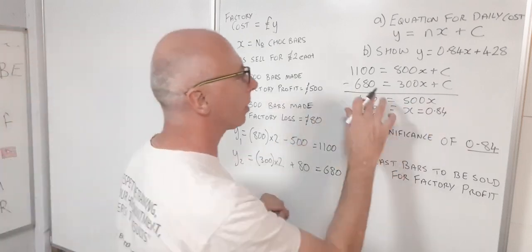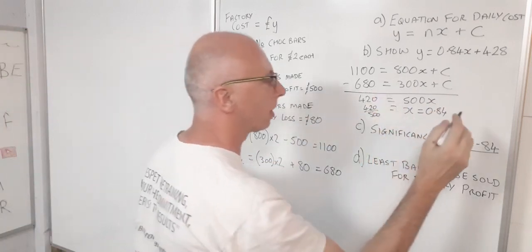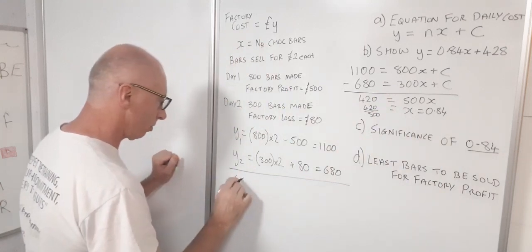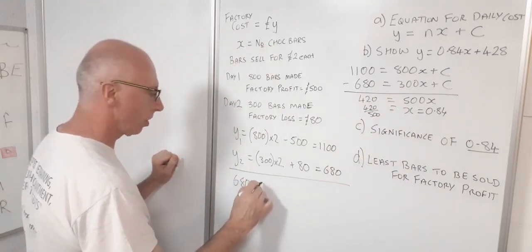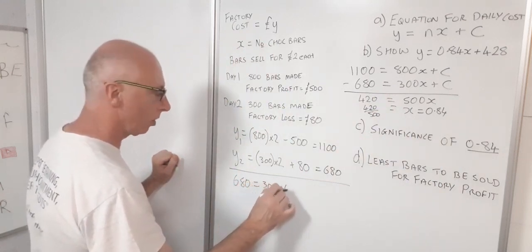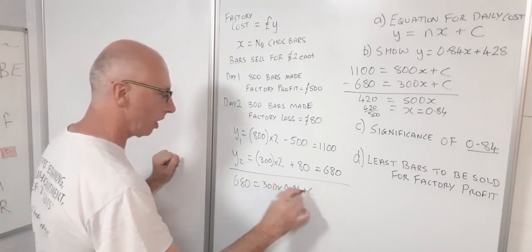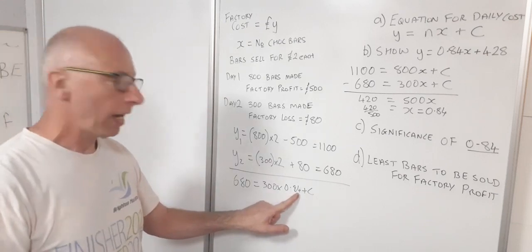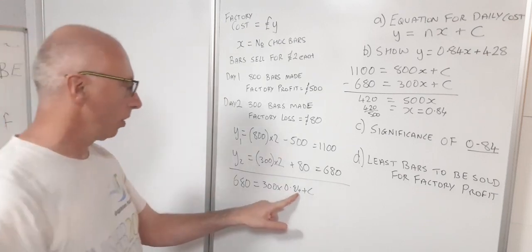So now I've got 680, let's write that down here. 680 equals 300 times 0.84 plus C. 300 times 0.84, well 84 times 3 is 252.